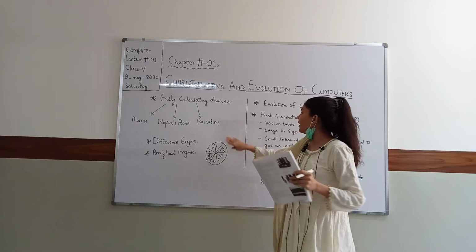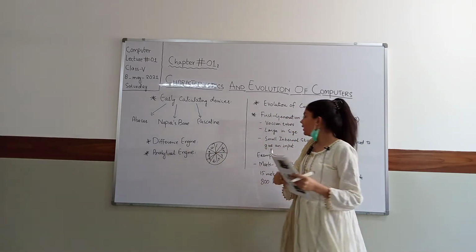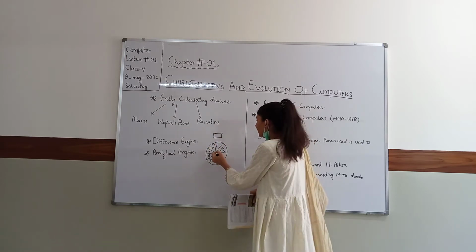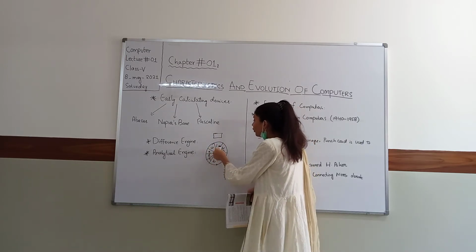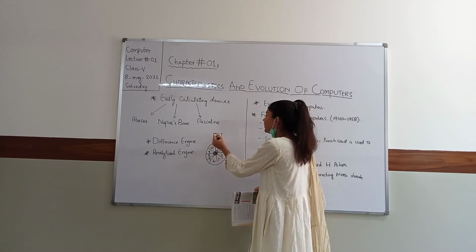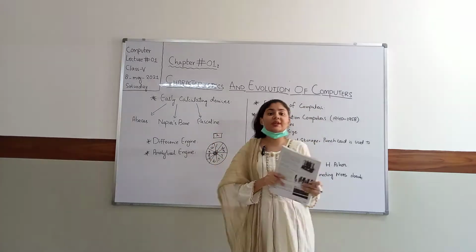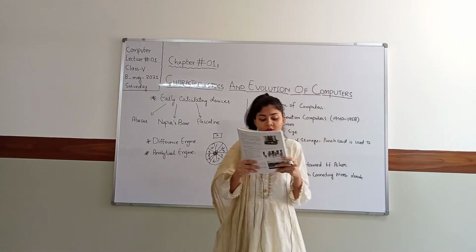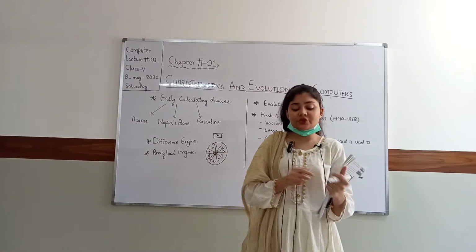This is how the numbers are placed on the Pascal calculator's wheel, and here is the box and here is the circle. When we move the circle, like 1 is placed, so 1 will be shown here. This is how we use the Pascal calculator for performing addition, subtraction, multiplication and division.